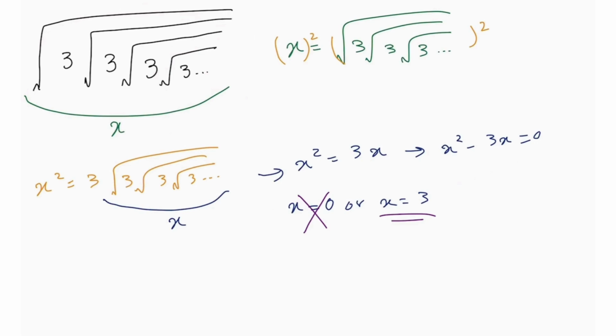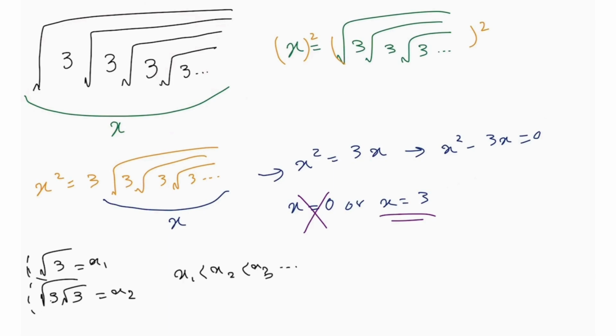So if I call square root of 3 x1, square root of 3 times square root of 3 x2, and so on, I have to prove that x1 is less than x2 is less than x3 and so on. And if you calculate each of these values, they seem to keep increasing and they seem to be all converging to 3.